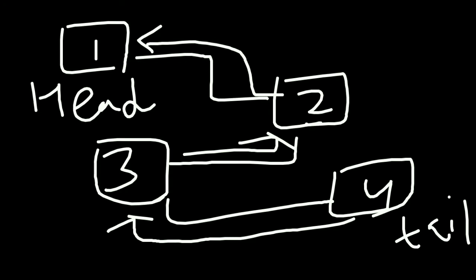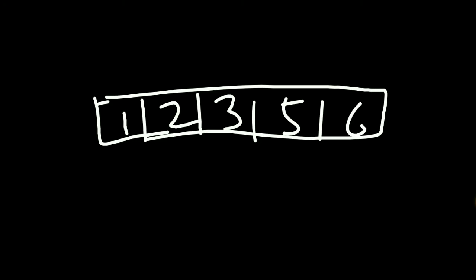One important thing about the list is, why is it useful? It is useful when it comes to insertion and deletion of data from the middle. When you talk about the vector, let's say you have a vector 1 2 3 5 and 6, and you want to insert element 4 here.